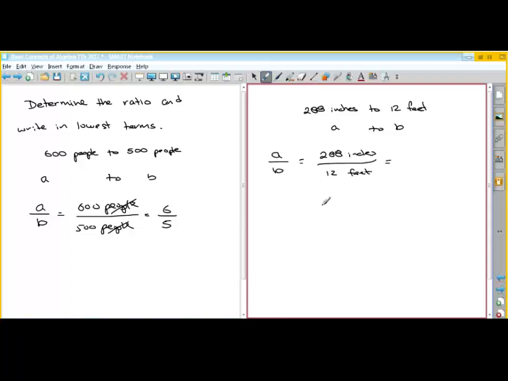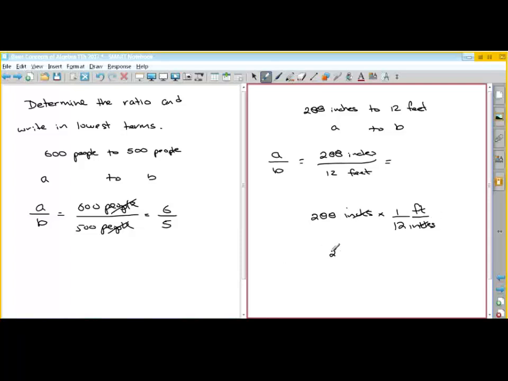Because they're the wrong units, they're not matching up as far as units are concerned, the first thing you would do is take 288 inches and multiply by 1/12 inches, and so this is to convert inches to feet, or I could convert feet to inches. So to convert inches to feet, I divide by 12.